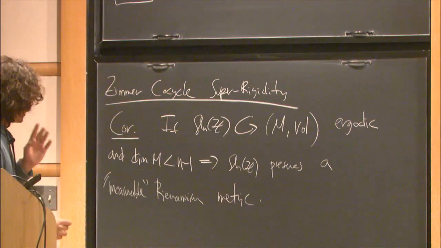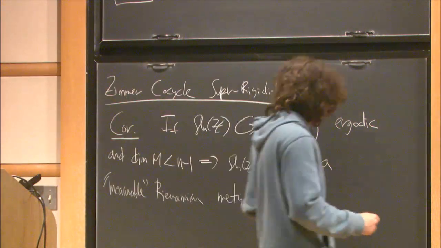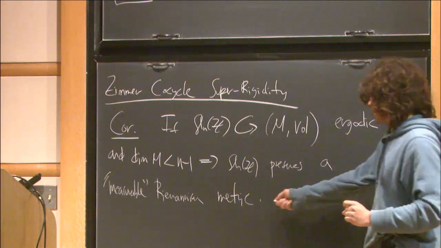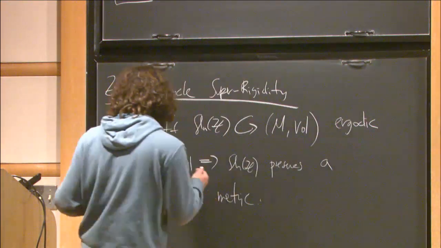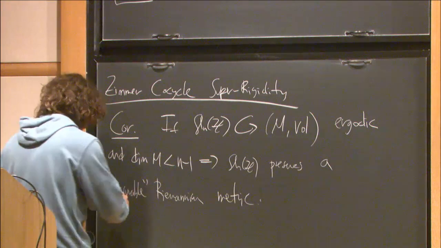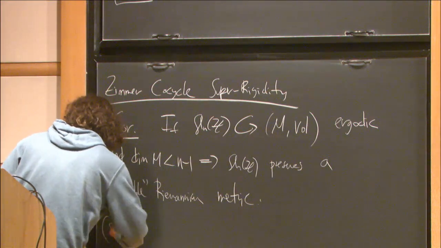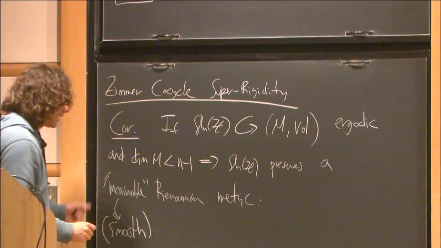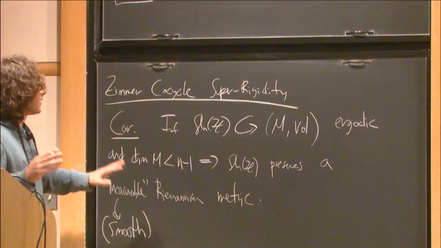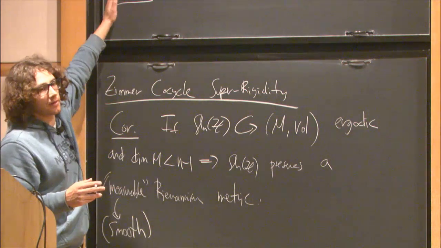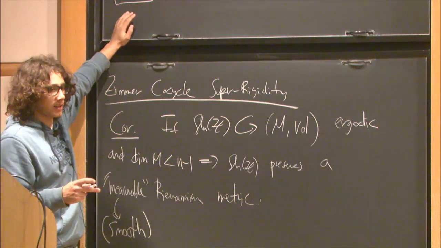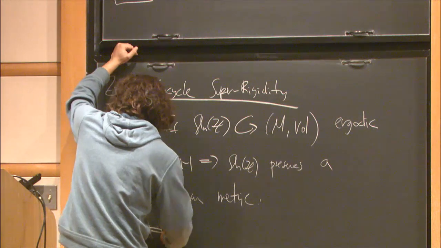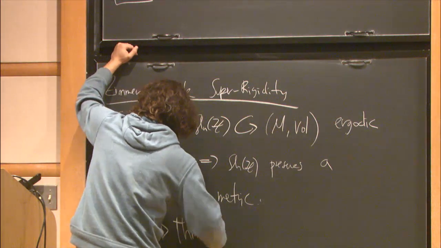To explain this, I'll just say here that if you make this measurable metric smooth, then the theorem follows easily.